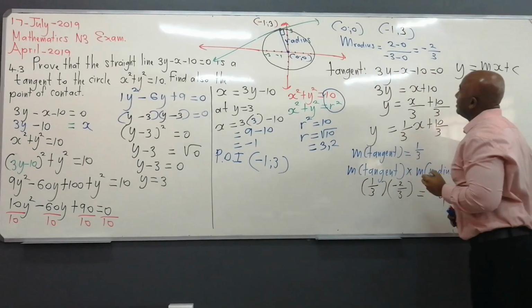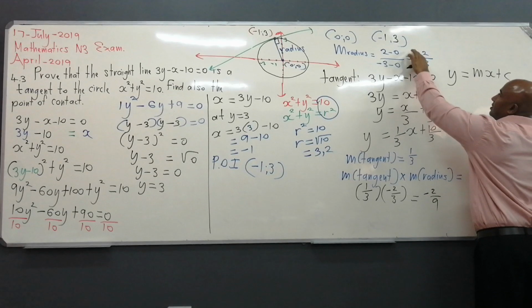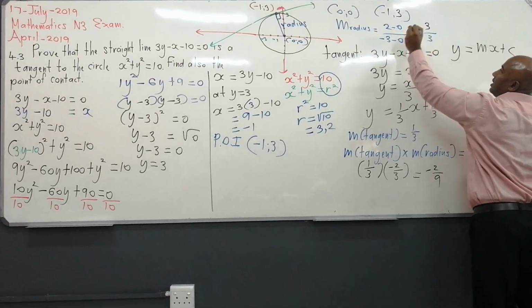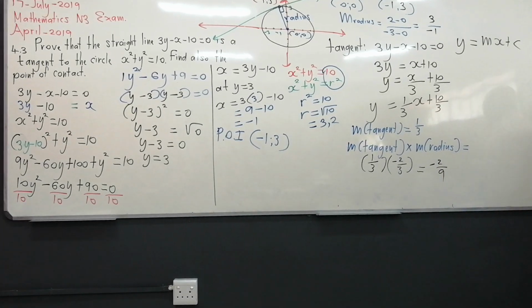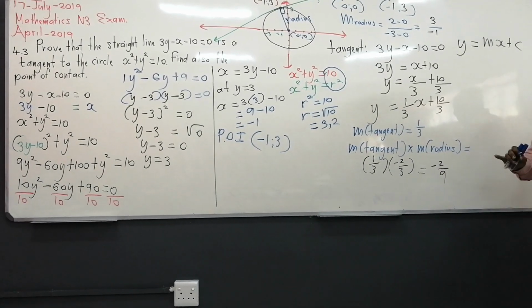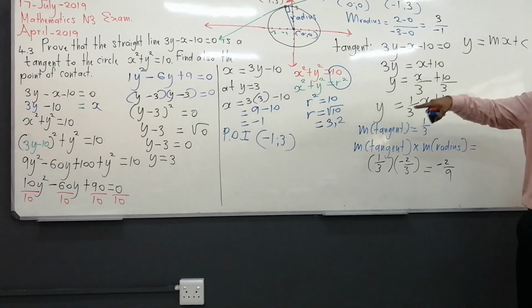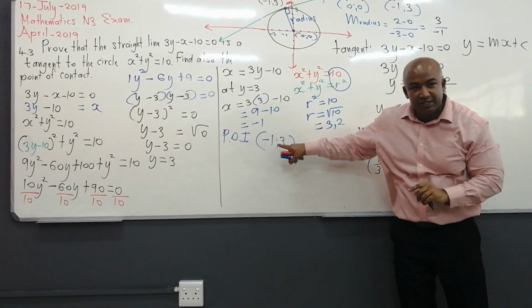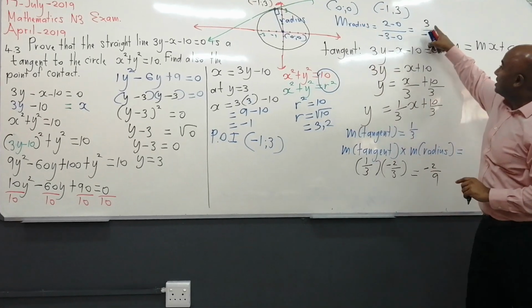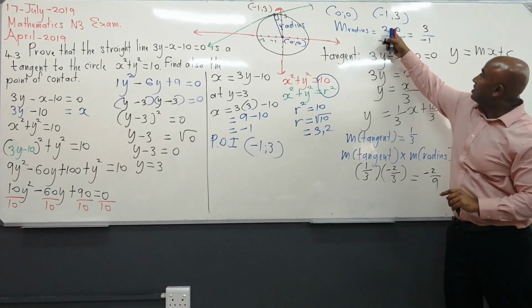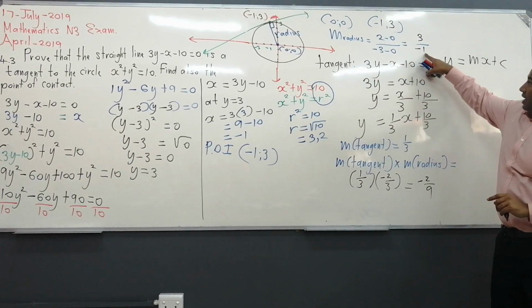Okay. That was my mistake here. I should have recognized that this time I copied down the wrong value. So that's minus 1 and 3. So that's 3 minus 0, which is 3, minus 1 minus 0, which is minus 1.